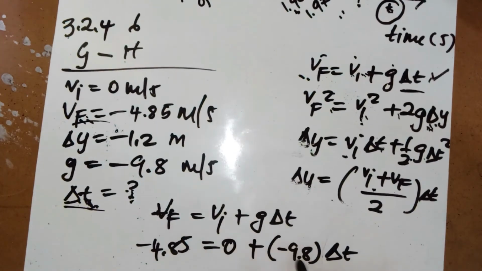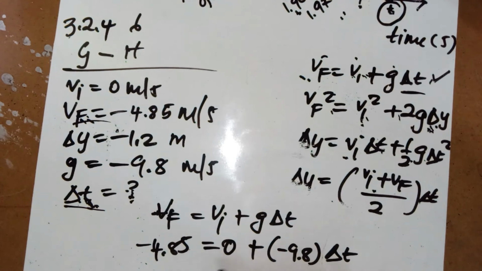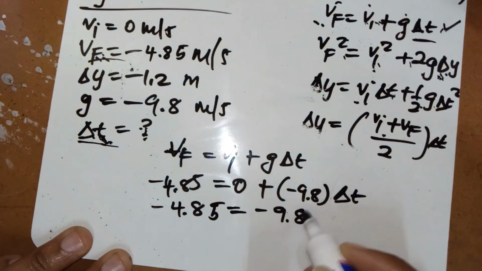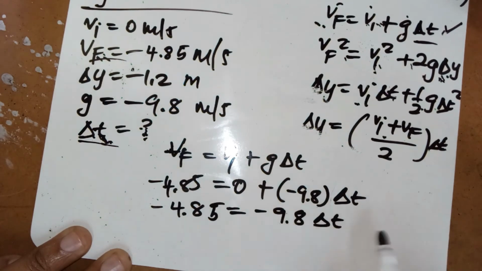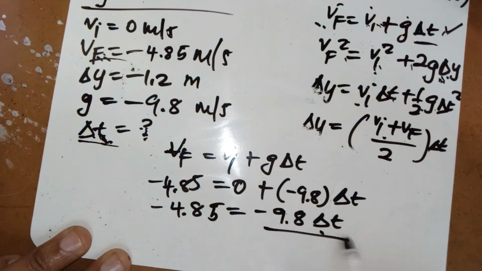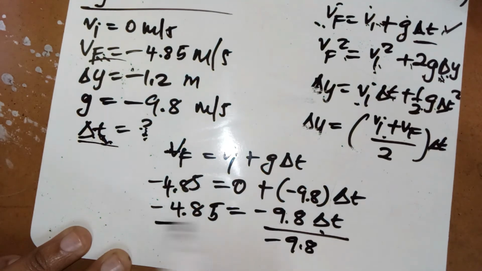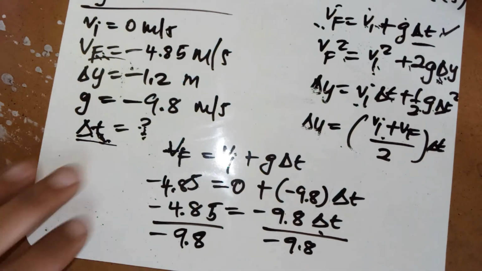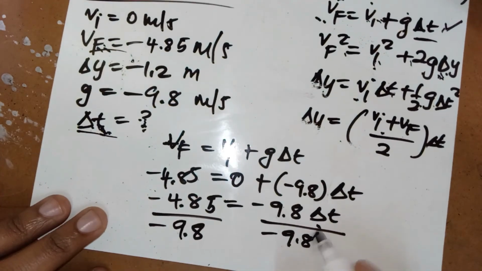And then it's just a matter of, so we have a negative 4.85, which is equal to a negative 9.8 change in T. To be left with change in T, we simply divide both sides by negative 9.8. A negative divided by a negative is going to give us a positive, so these two will cancel.